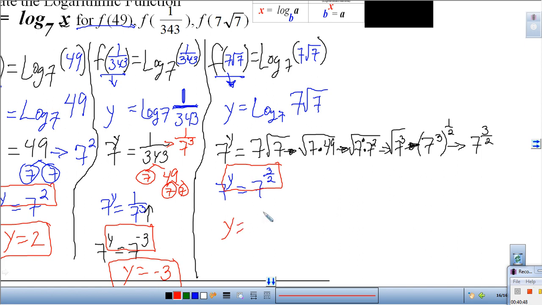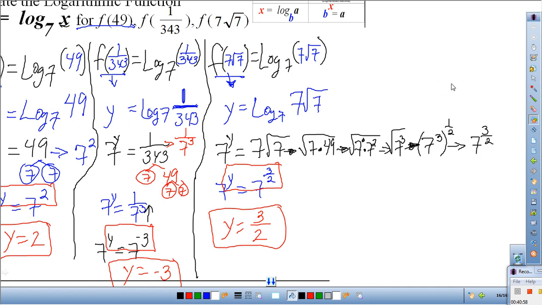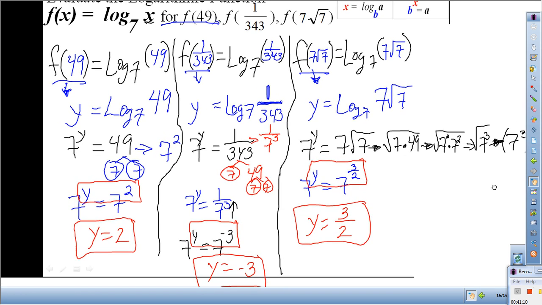So y equals 3/2. And basically that's the home plate, guys. They're going to ask you to evaluate using 3 different formats. First, just a number, then a fraction of a number, and then a radical form. There we are.